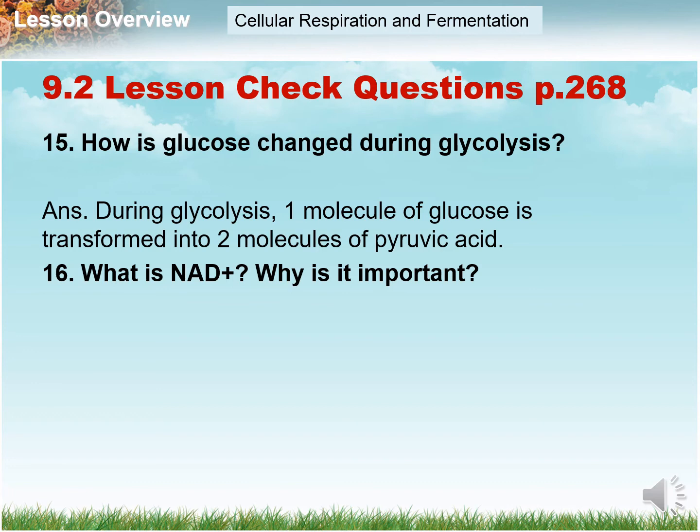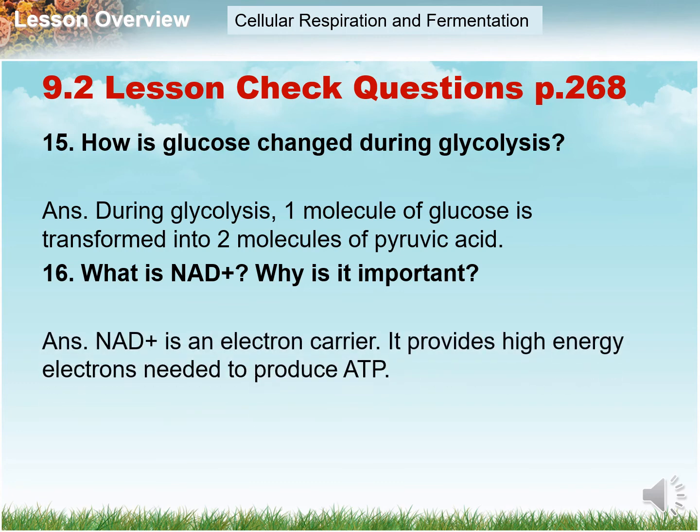Now, number 16 question. What is NAD+ and why is it important? The answer is, NAD+ is an electron carrier. It provides high-energy electrons needed to produce ATP.